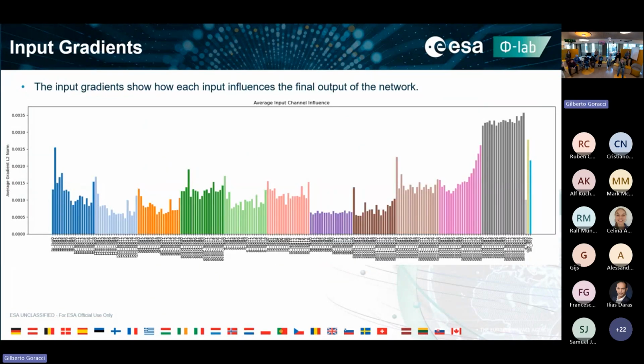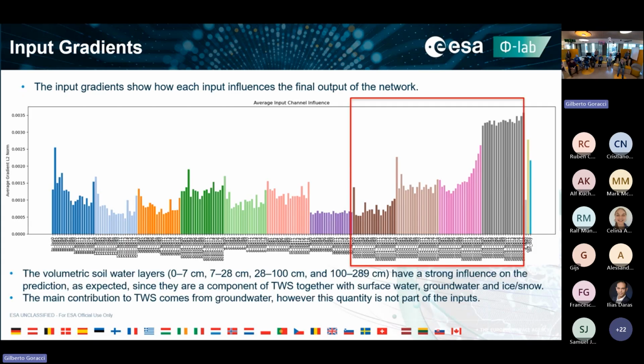This is an image of the input gradients. Basically, this is something that you do to understand how much each input influences the final output of the network. As you can see, the biggest contribution comes from these volumetric soil water layers.